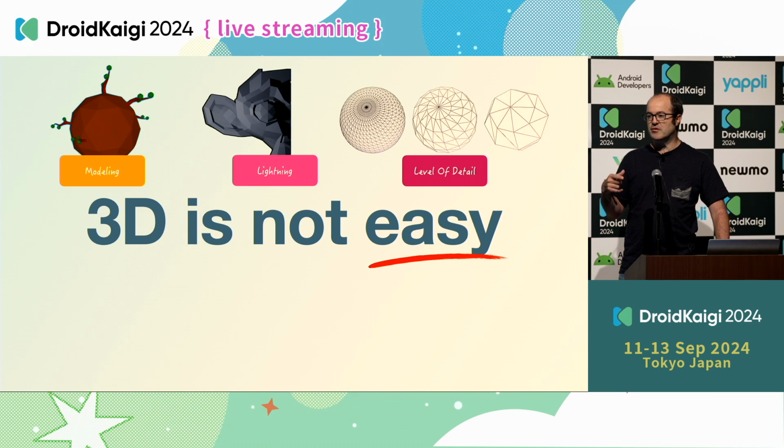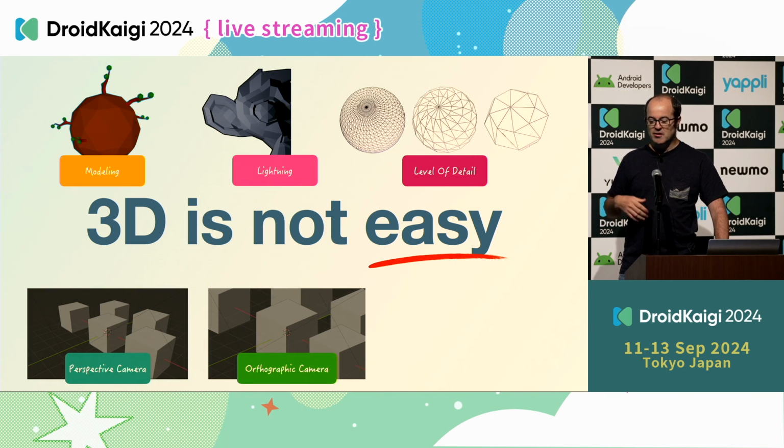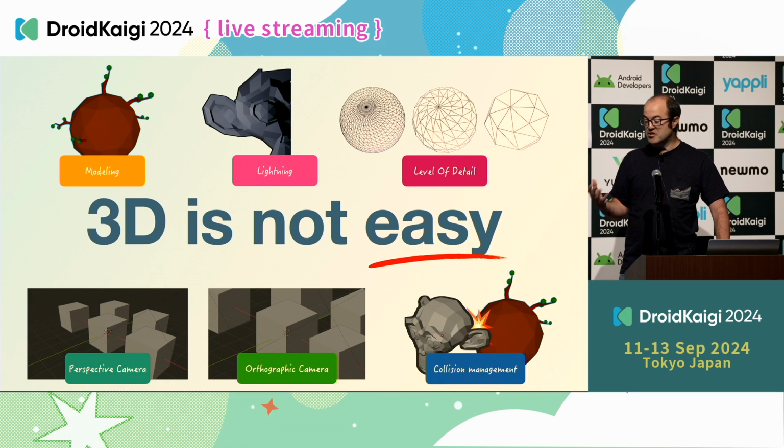But to do that, you have to create the model again, with fewer triangles. It's a lot of work. You have to manage different things like perspective camera, orthographic camera, or collision management. In a 3D space, collision management is quite complicated also. You need to find some algorithm and apply it in your game engine.